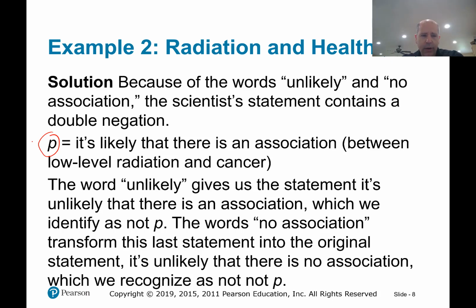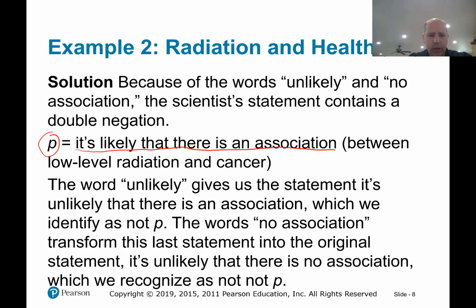Whenever we translate something into symbolism, we're always doing it from the positive. We want to put it in the simplest form, if that makes sense. Any negations we want to avoid, we want to leave out. So in this case, P is simply, it's likely that there is an association.